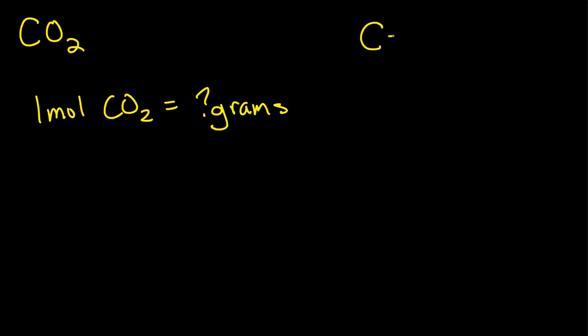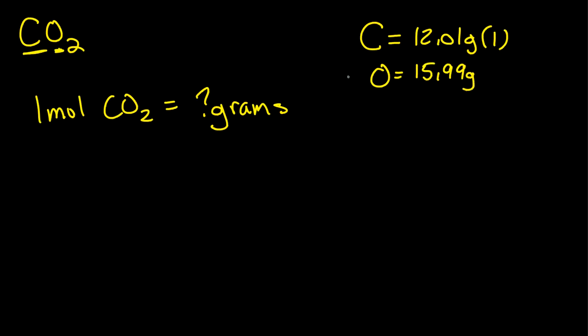So carbon is equal to 12.01 grams, and there's just 1 of them, so I multiply that by 1. Oxygen is 15.99 grams, and this time there's 2 of them, so I multiply that by 2.